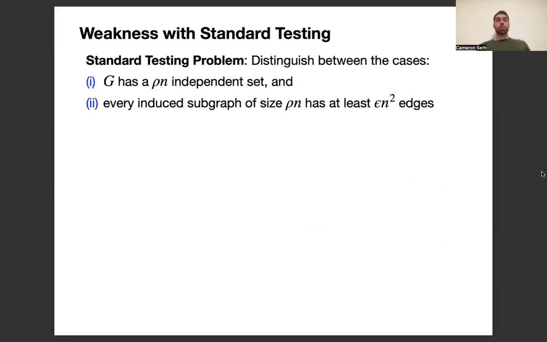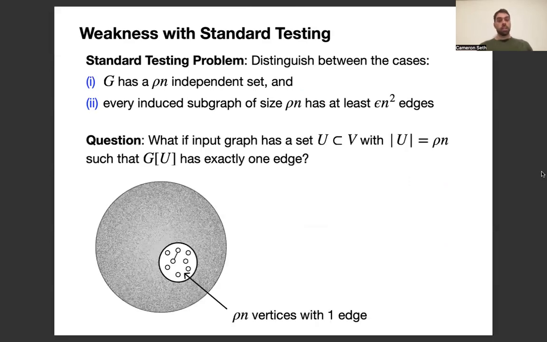But there's kind of a weakness with this standard notion of testing. So again, these are the two cases we're trying to distinguish between. But suppose we had an input graph like this, where imagine it's a very dense graph, or maybe even a complete graph, and take a set of vertices of size rho n and put an independent set, and then maybe add one edge.